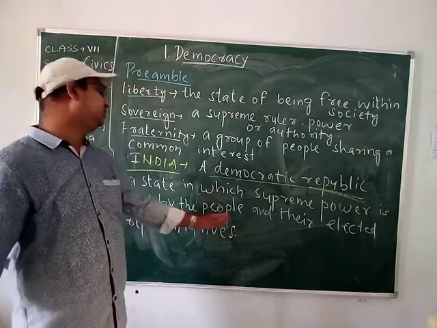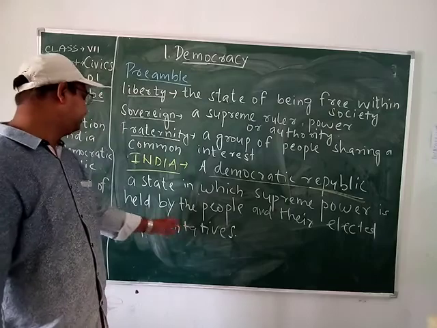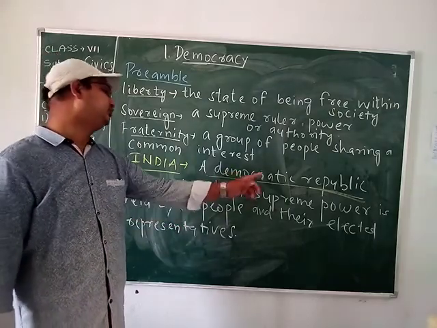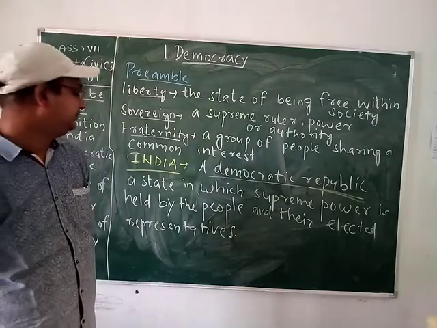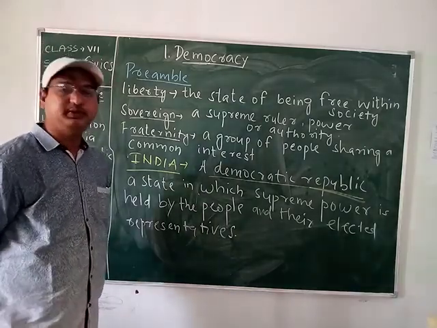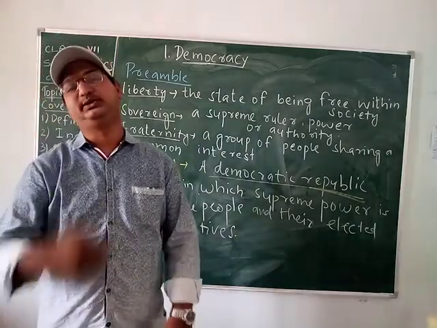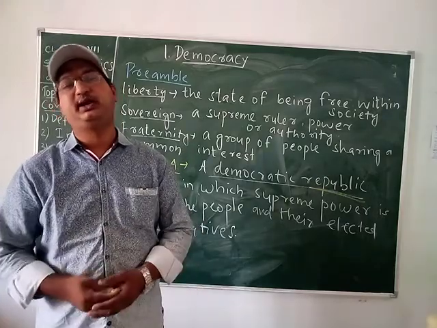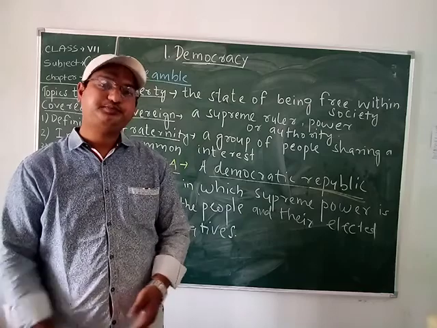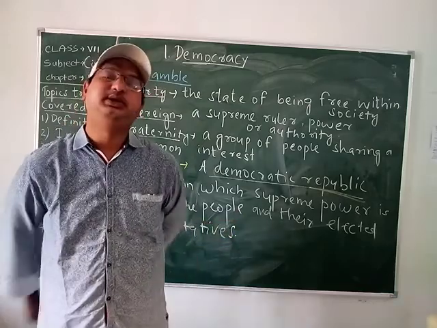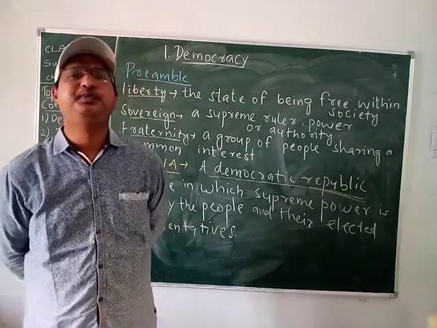They are the elected representatives in which the supreme power, the power at the zenith, is held by the people, because they are elected by us. Therefore, the power is indirectly held in our hands, and the persons at the top level are ruling in our country.